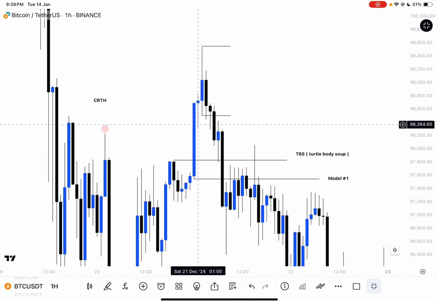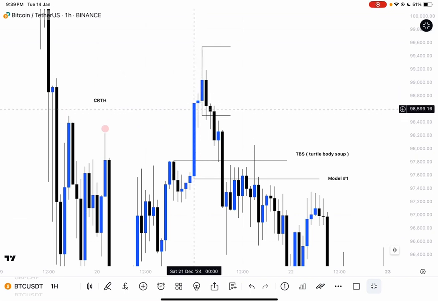Also we can't consider this candle as a model 1 candle, because even in this candle the body is low, wicks are high, so we can't consider it. So in this situation, we can consider this candle as model 1. Even if this candle is not a thick candle, it's not a problem. As a last option we can consider this candle as our model 1. Have you got it?